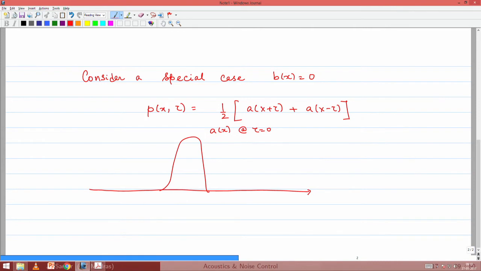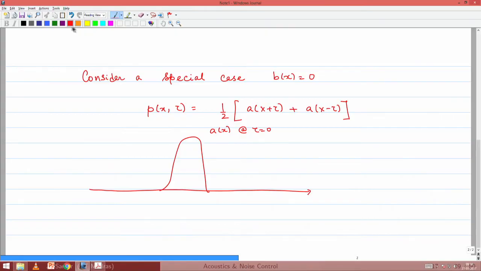What happens at a later time? It will bifurcate into two parts. With half the amplitude it will travel in the forward direction, and with half the amplitude it will travel in the backward direction. I will just change the color to indicate what happens at a later time. So, this wave which is shown in red will now split out in two directions, each with half the amplitude.